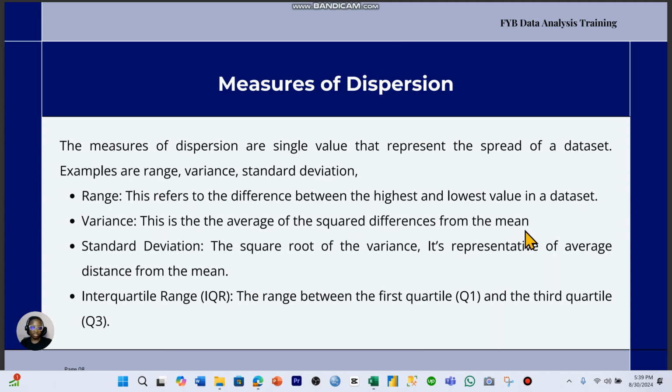We'll understand what that means better in the next two slides. The standard deviation is the square root of variance, and it represents the average distance from the mean. Then the interquartile range is the range between the first quartile and the third quartile. The first quartile is the 25th percentile, and the third quartile is the 75th percentile.